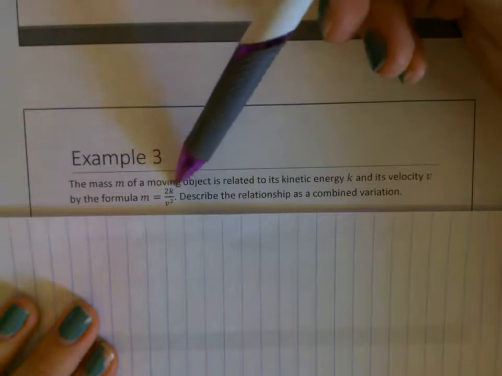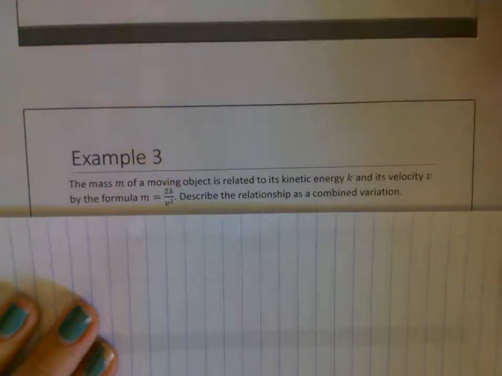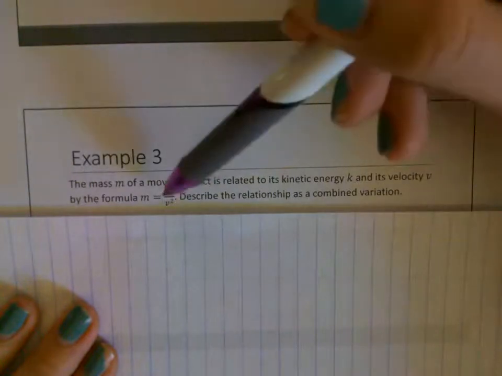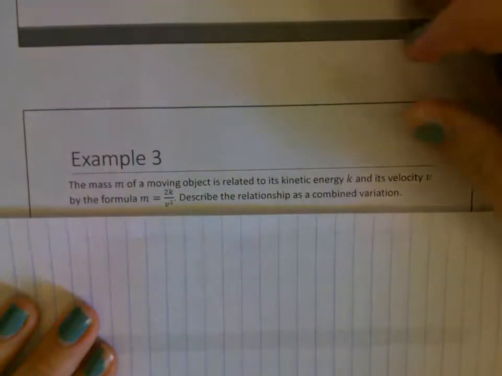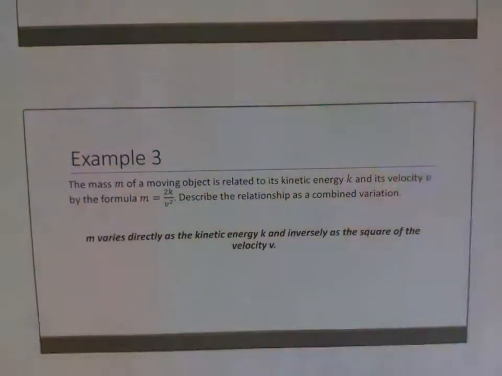So if it's being multiplied by one variable, which kind of variation is that? Direct, joint, or inverse? It's direct variation. And then 2 divided by v squared, is that going to be direct, joint, or inverse variation? It's going to be inverse. So my final answer would look something like this.